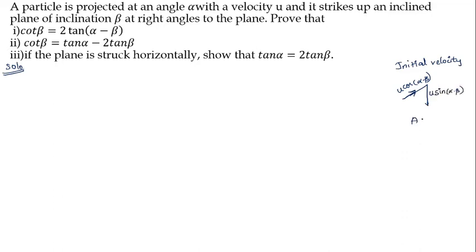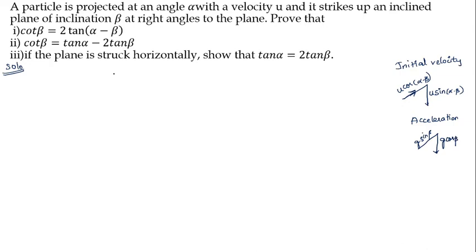For acceleration, in the direction of the inclined plane, it is g sine beta. In the perpendicular direction, it will be g cos beta.